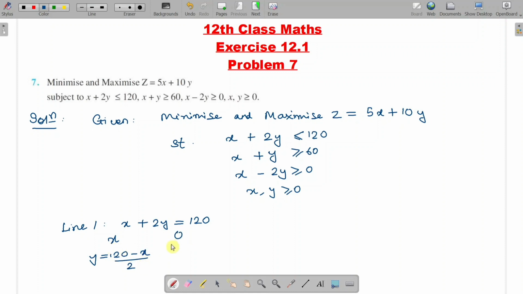So if you put x equal to 0, y is 60, when x is 30, so 120 minus 30 by 2, that is 90 by 2, which is 45. Then if x is equal to 60, we will get 120 minus 60 by 2, that is 60 by 2, which is 30. So this is our table for line 1.